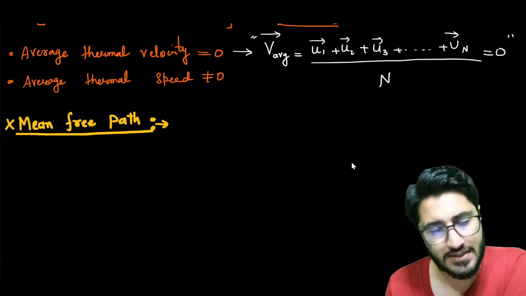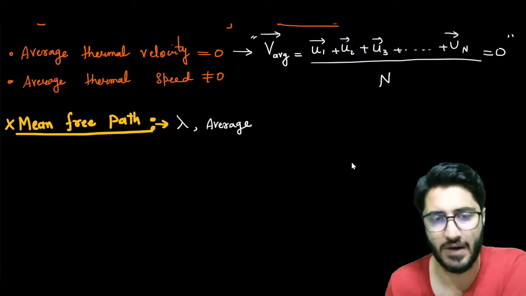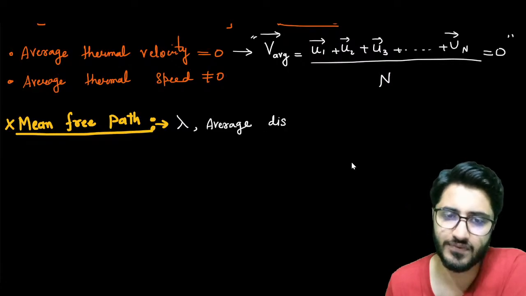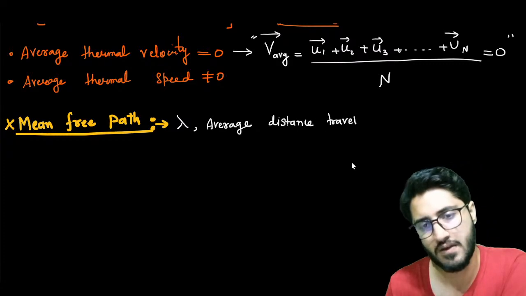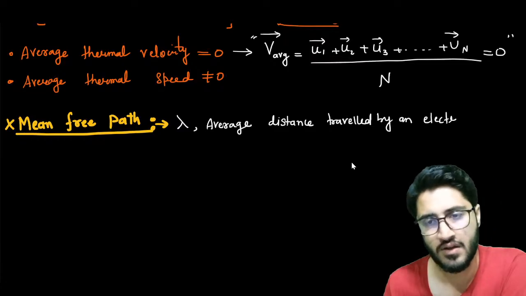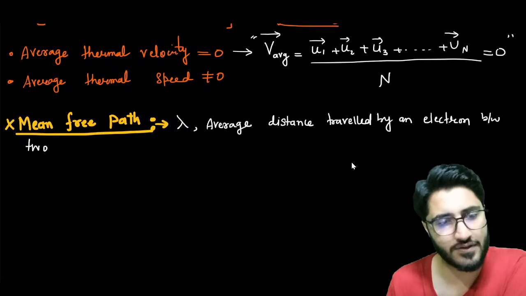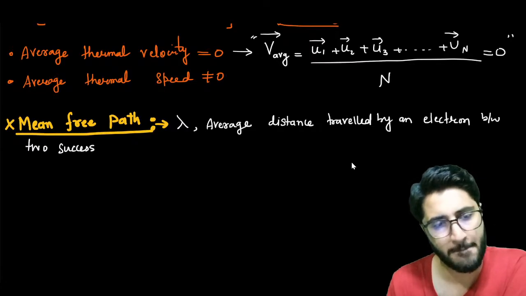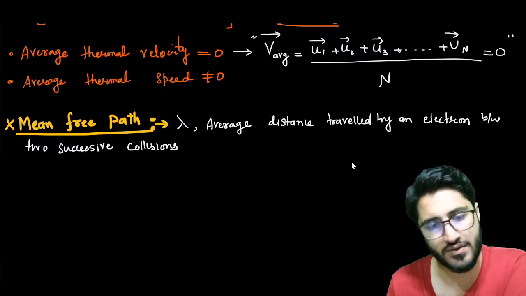It is denoted by lambda, and mean free path is the average distance traveled by an electron between two successive collisions.